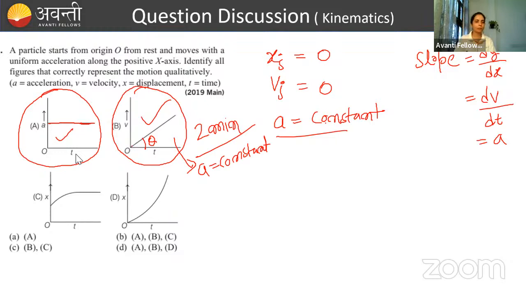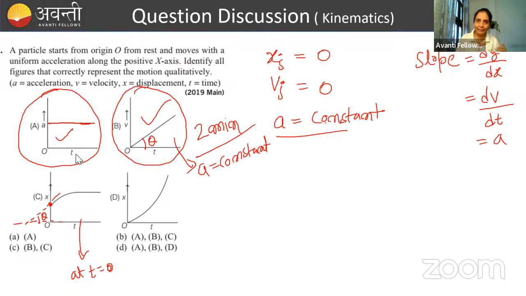Now come to the third graph. If you look at the third graph carefully, what's happening here? This is an xt curve, right? Slope of the xt curve is equal to what? Velocity. Now if at t equal to 0 you draw the tangent, then you will see that it's making some angle with the time axis.